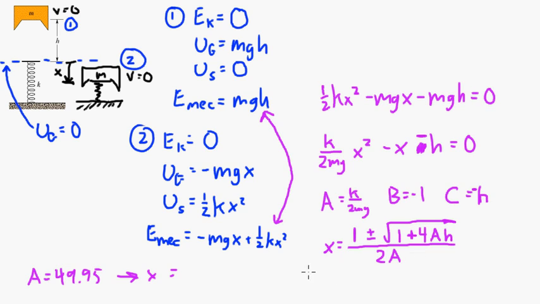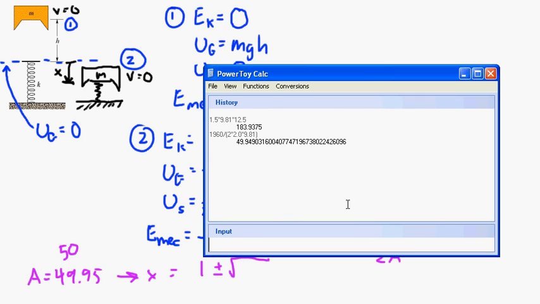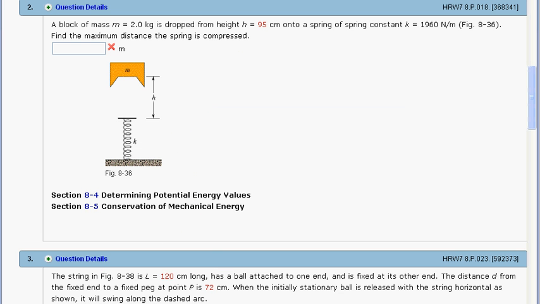Okay, so let's see, x equals 49.95. I'm just going to round this to 50. And that is going to mean x is going to equal 1 plus or minus square root of, A is going to be 50 times h, oh, I'll make it 49.95, fine. So, 4 times previous answer, times, and then h I believe was 95 centimeters, let me check it.